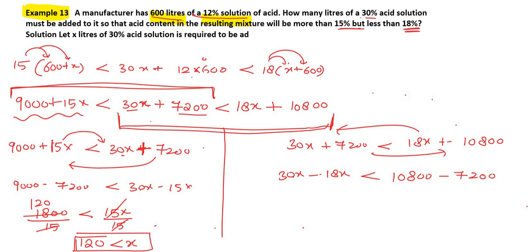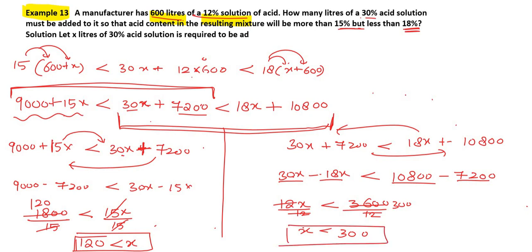So what is 30 minus 18? Nothing but 12x is less than this minus this, you can try, 3600. Now we can divide by 12 on both sides, so this and this cancel, and this is 300. So I am getting x is less than 300.